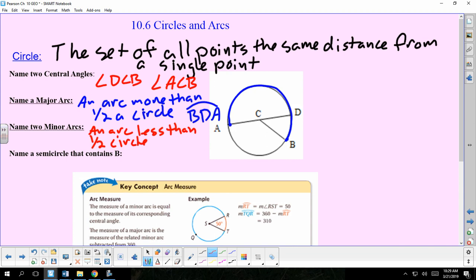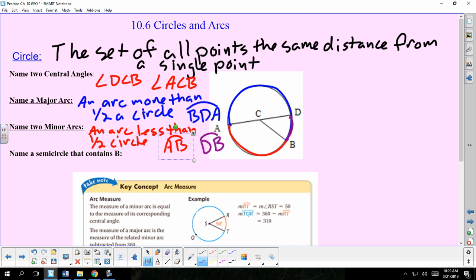What about just arc AB, with a hat over it? Or what about this arc right here in purple, arc TB? So those are 2 minor arcs, less than half a circle.